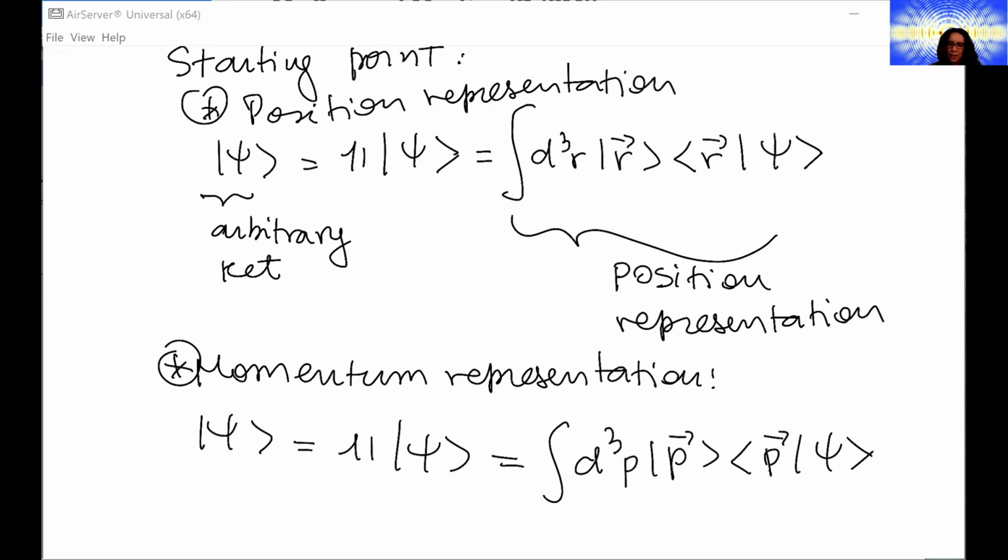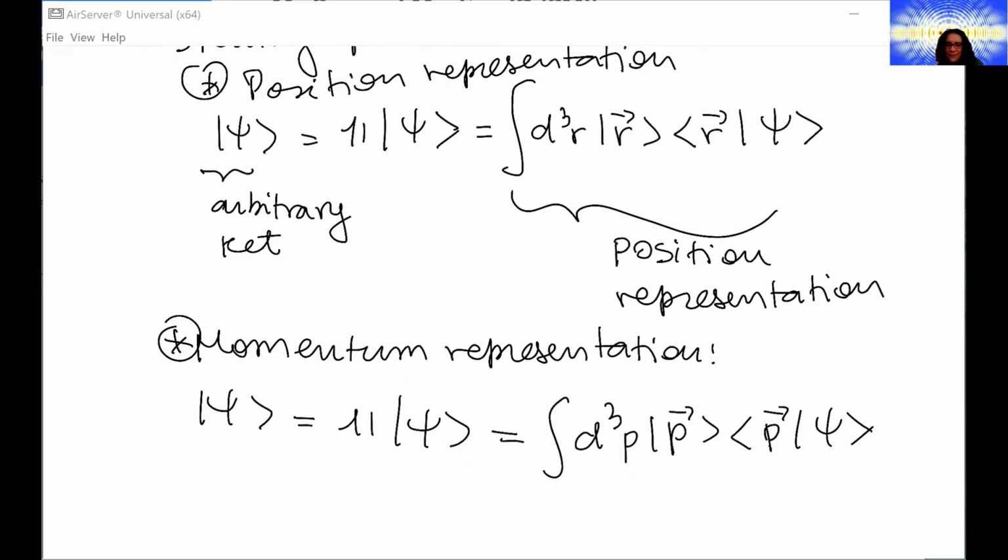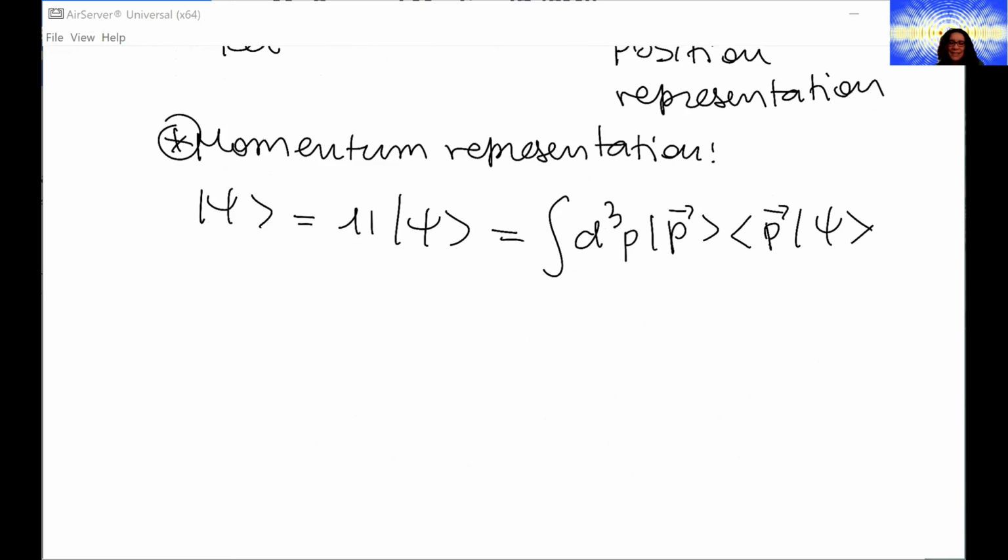So this is nice because what you can see now is that you have some expressions which you may find strange, you don't know what to do with, but we have defined a basis for our state vectors.